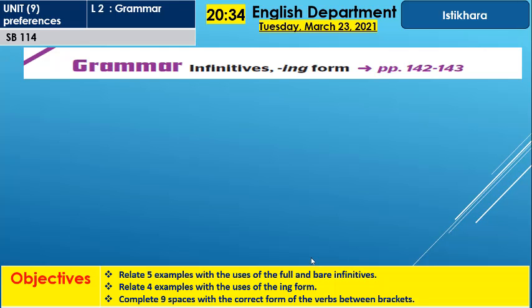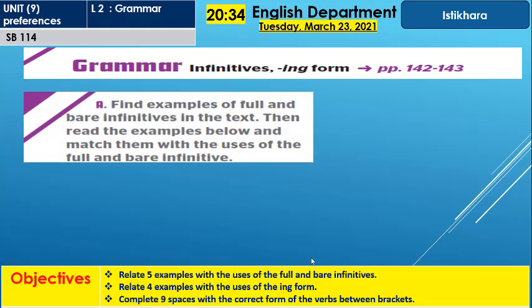And now, let's go back to our student's book, page 114. And I need someone to read the instruction. We need to find examples of full and bare infinitive in the text, then read the examples below and match them with the uses of the full and bare infinitive.